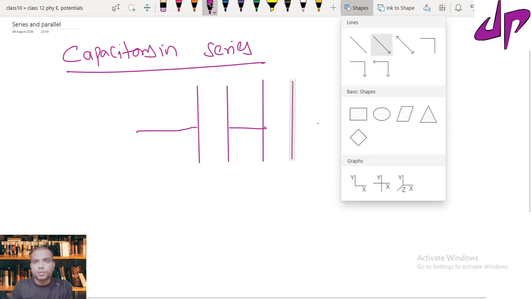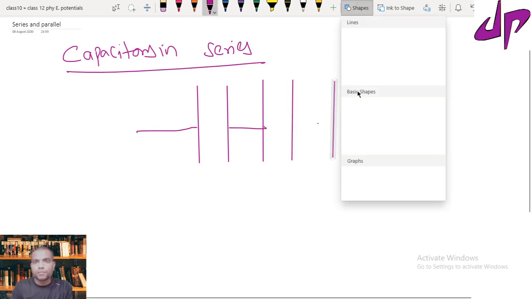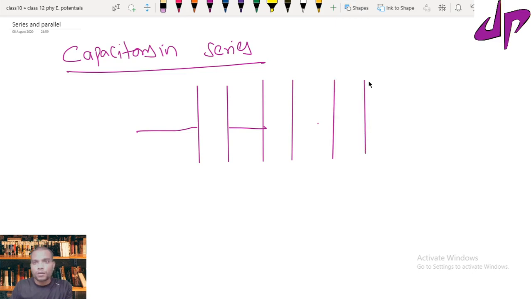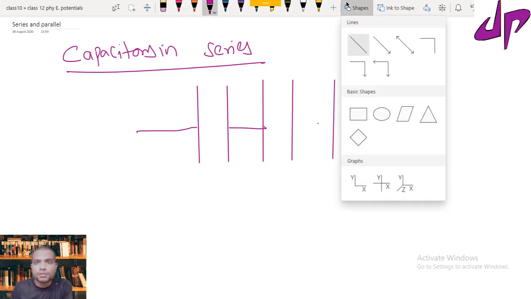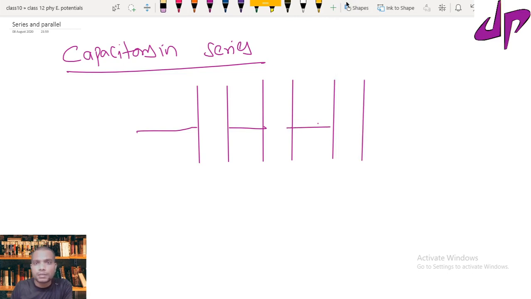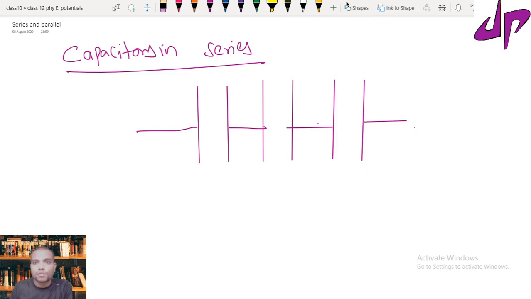Let me take one more plate. Now we make the connections between them. The capacitors have capacitances C1, C2 and C3.